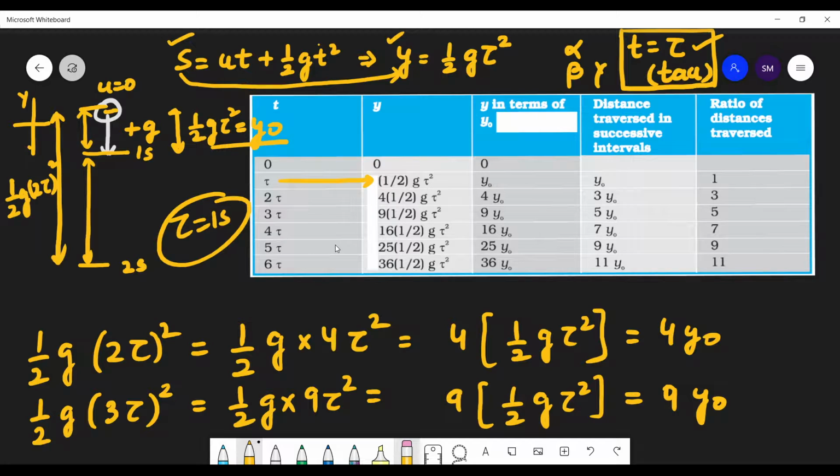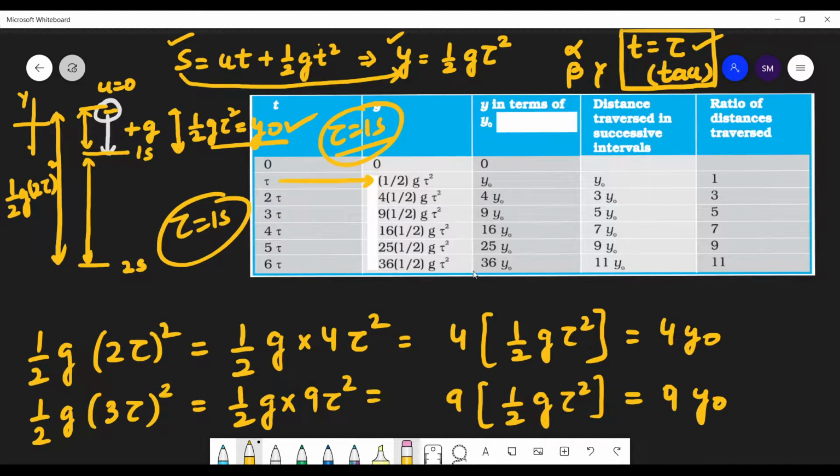The distance traveled in the first second, or the first interval, you are taking over the first tau. Tau can be 1 second, like I told you, it can be half second, it can be 2 seconds. That's your choice. It can be 1 millisecond also. So I'm taking a general case. You can take tau as per your choice. So in the first tau, in the first time interval, the distance traveled is y naught.